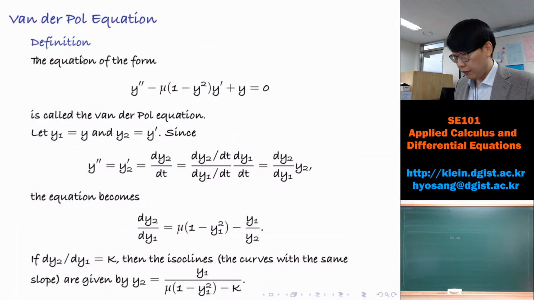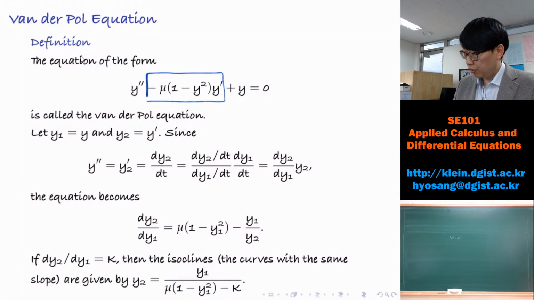And we are going to see a few more examples of system of differential equations. One example is the van der Pol equation, and this equation is basically a second order differential equation, not a system of differential equations. But the interesting part is that there is the first order term whose coefficient is negative, and the sign of this coefficient depends on the size of y.